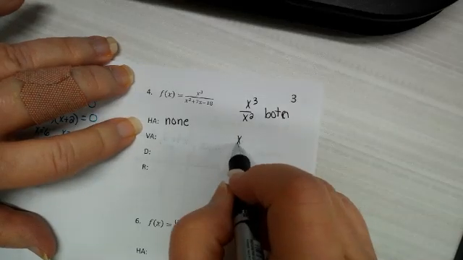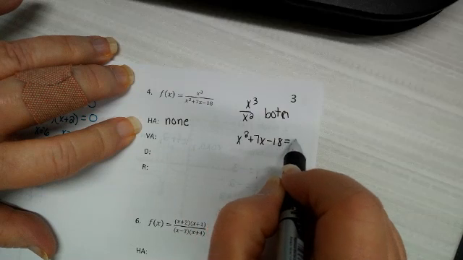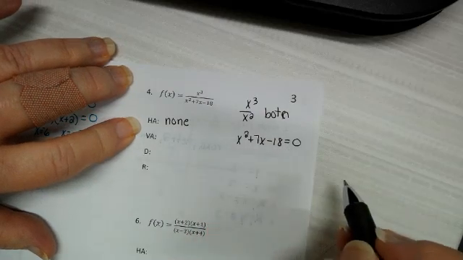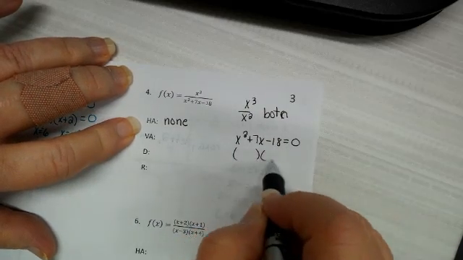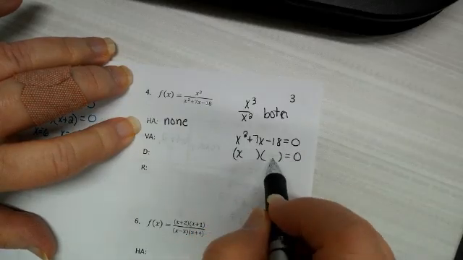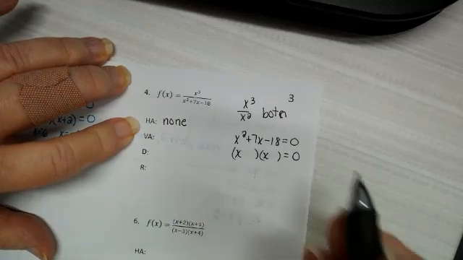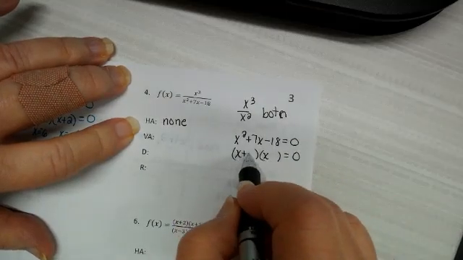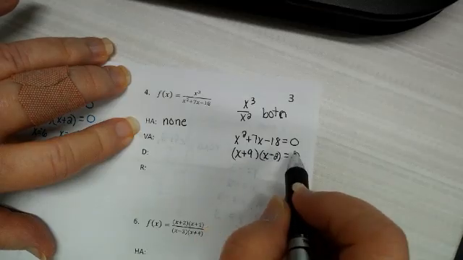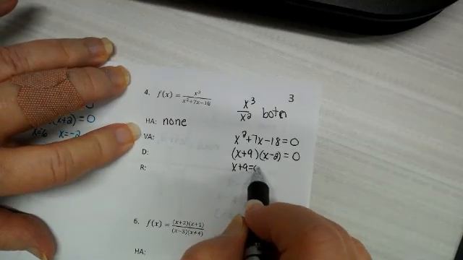For my vertical asymptote, I need to make x squared plus 7x minus 18 equals 0. So to do that, I need to factor. Are there factors of -18 that add up to 7? It's plus 9 and minus 2. So then what makes x plus 9 equal 0?